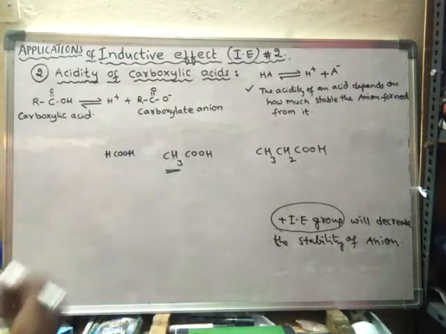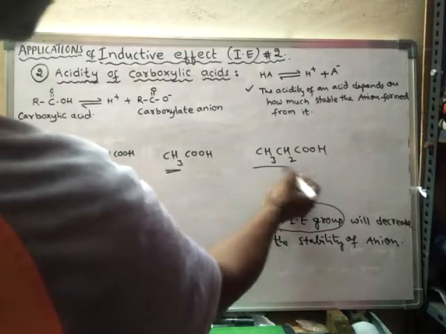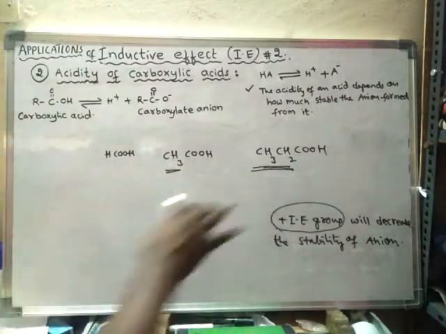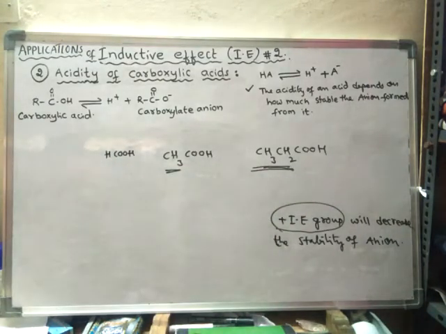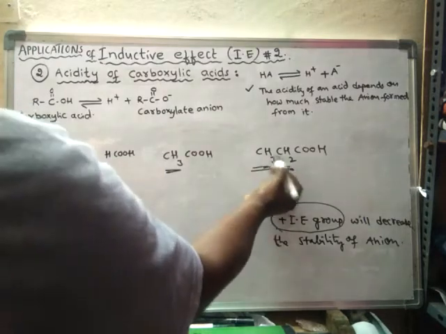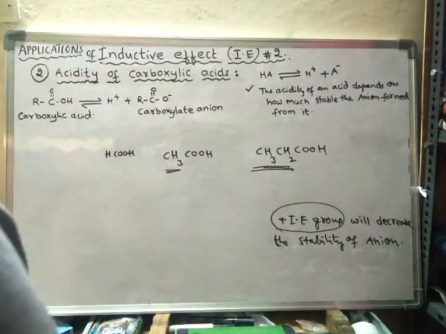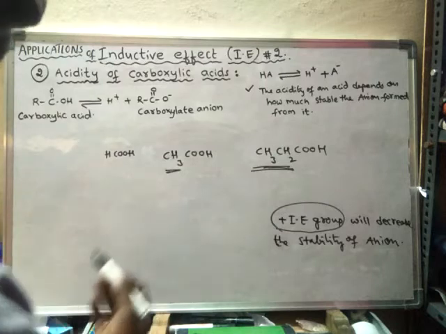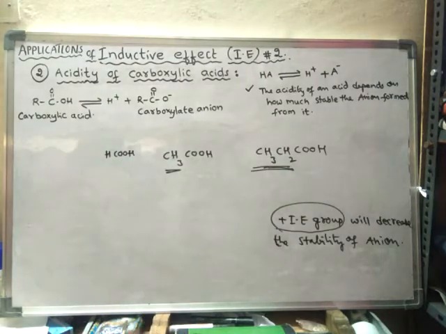This methyl group is a plus IE group. Here it is an ethyl group, which is also a plus IE group. It is more plus IE than the methyl group. Always remember that the ethyl group is more plus I, as I have given you that order in our previous class.